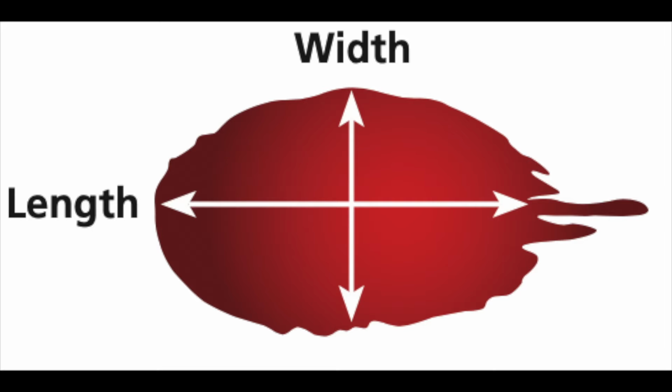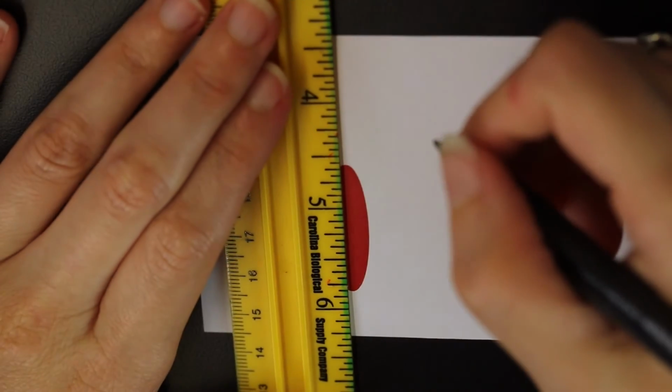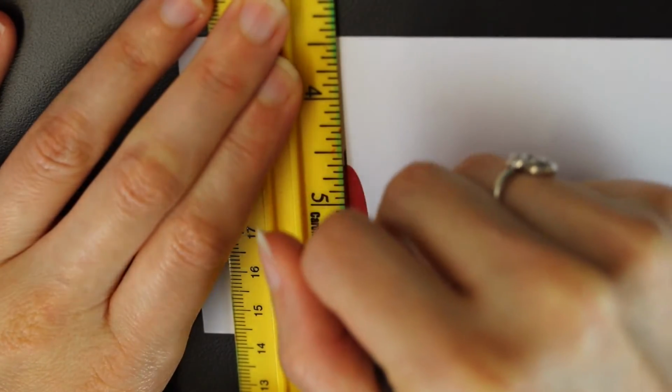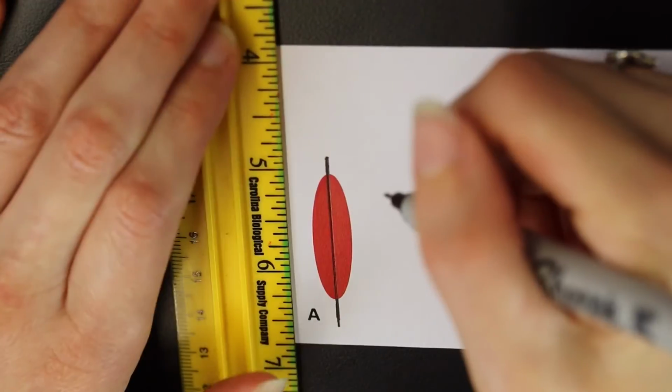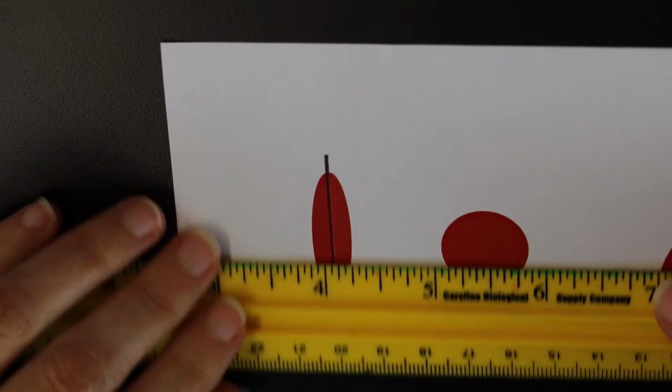The first step to calculating the angle that the blood droplet is traveling is to measure the width and length of the droplet. Let us show you how to do that. Here we are going to practice measuring a blood droplet. Take a ruler and with a pen draw a line down the length of the blood droplet. Now do the same thing with the width.